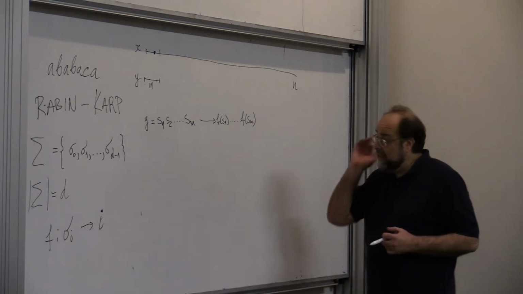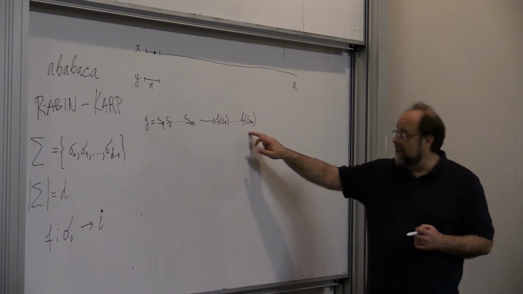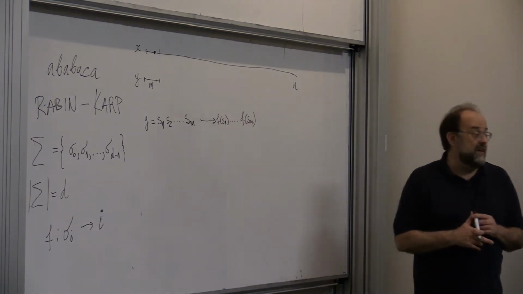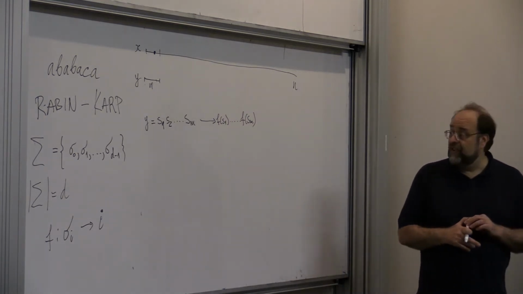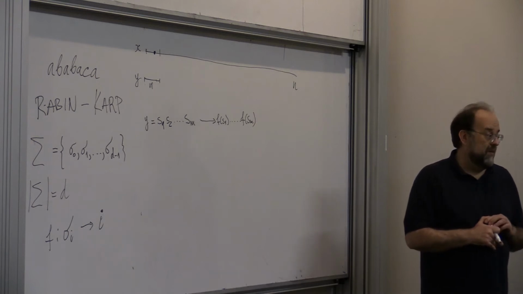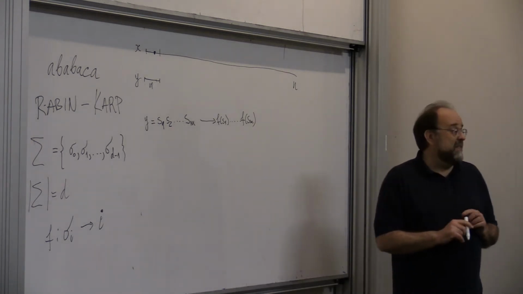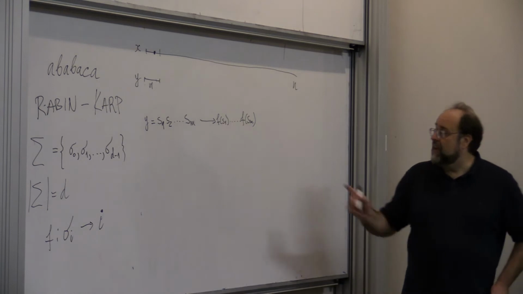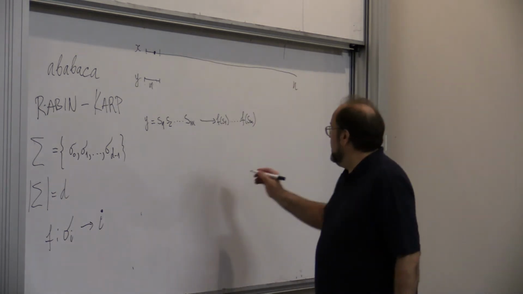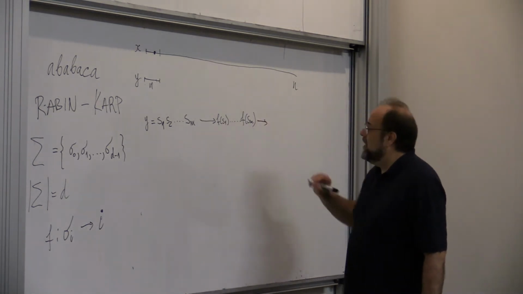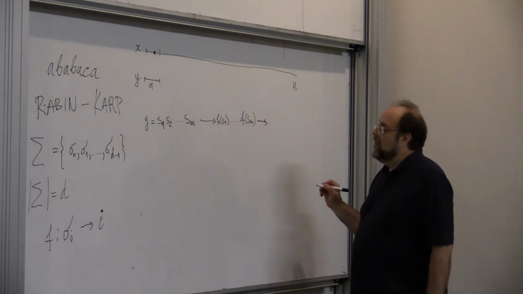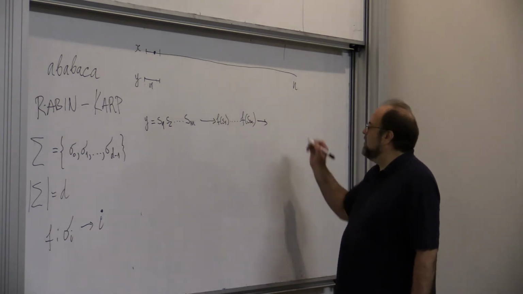Okay, now the idea is that this string of numbers can be seen as a representation of a single number in the base d, right? So now I can simply map this into the following expression.